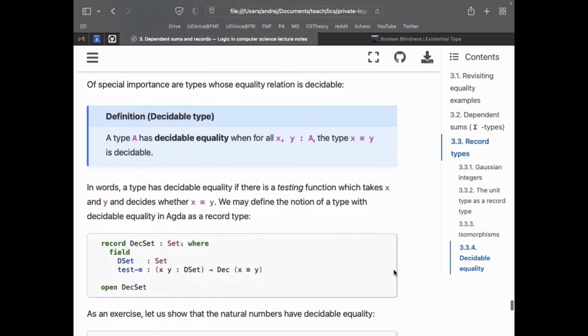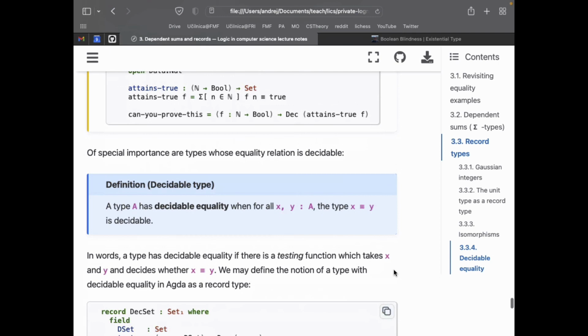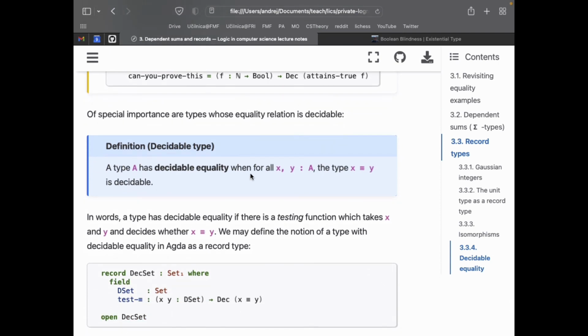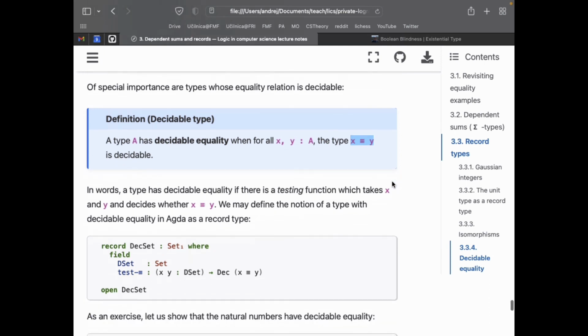Now, let's keep going. Let's say that A has decidable equality when this type is always decidable. So when for all x and y, the type x equals y is decidable. What does it mean for a type to be decidable in Agda? Let's define this.